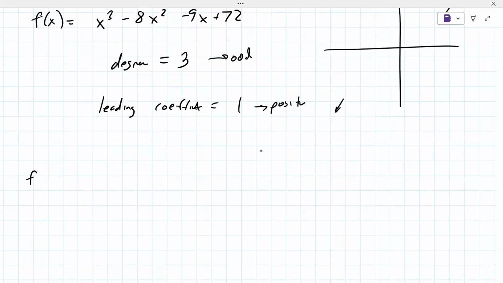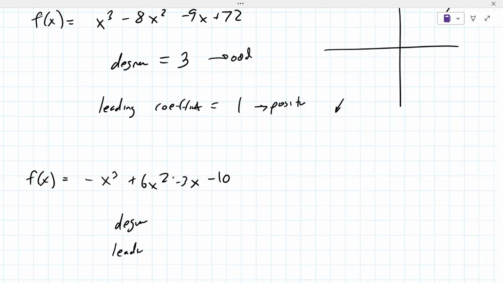So then we looked at a problem where it has a function like this. It was a negative x cubed plus 6x squared minus 3x minus 10. What is the degree of this one? It is 3. What's the leading coefficient? -1.